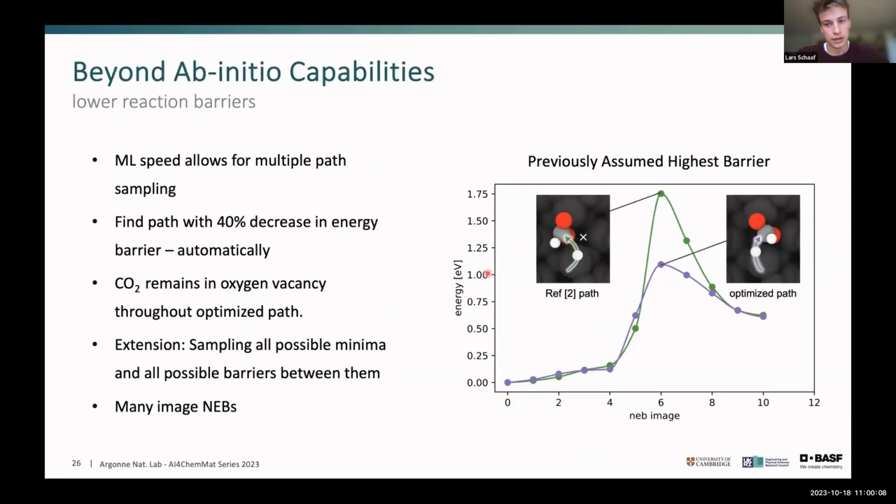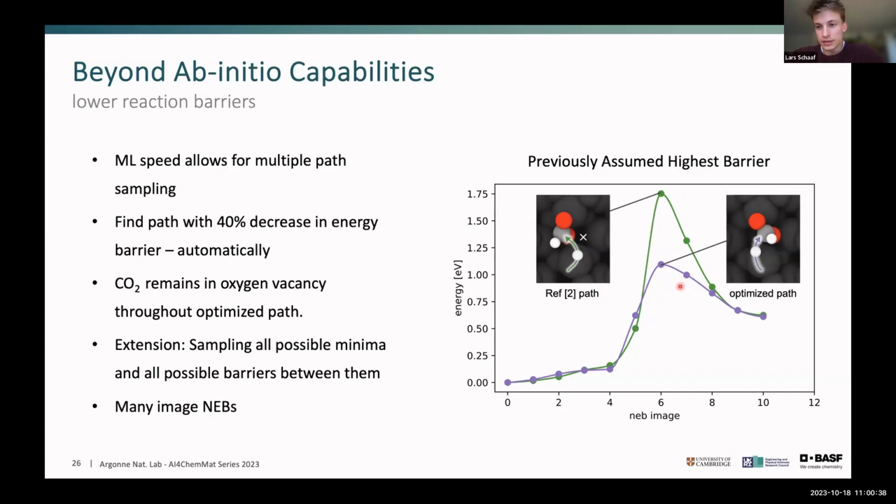And so the key in optimizing paths is that now we have a tool where we can explore and use our chemical intuition to explore the surface well. And in fact, here, our automatic protocol, where we look at different possible paths, even without any chemical intuition or input from a user, found a lower barrier.